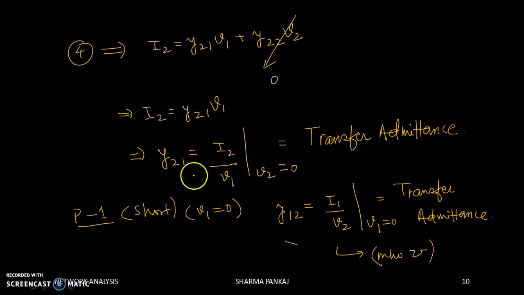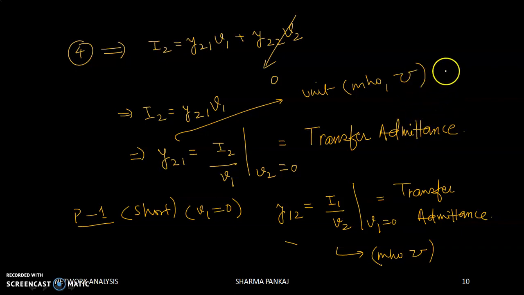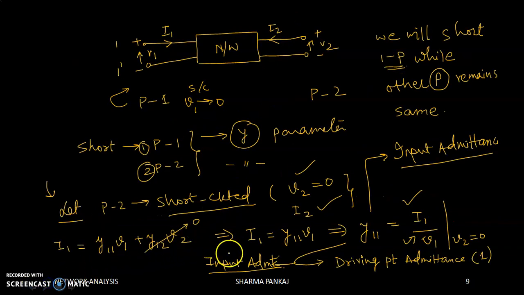And the unit of Y21 is also mho. The unit is mho, represented like this, the inverse of ohm, or ohm inverse. The unit of Y11 is also mho or ohm inverse, or simply like this.